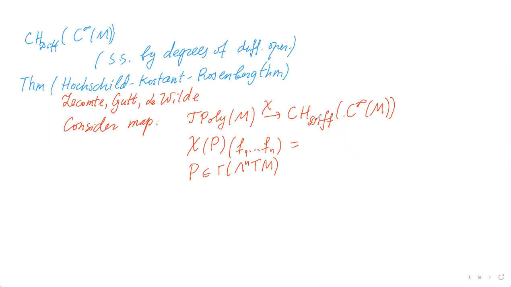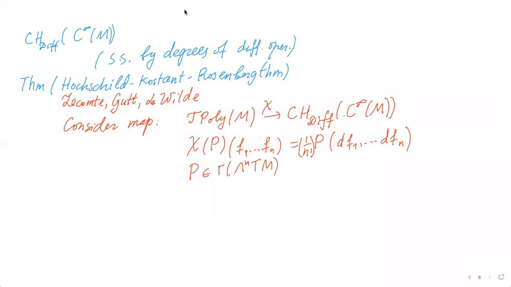It is much simpler. We just take p. It is a polyvector field, and as a polyvector field, it can be applied to a sequence of covectors. So the covectors are just df1, ..., dfn. Maybe there is a 1 over n factorial. I'm not sure about this.